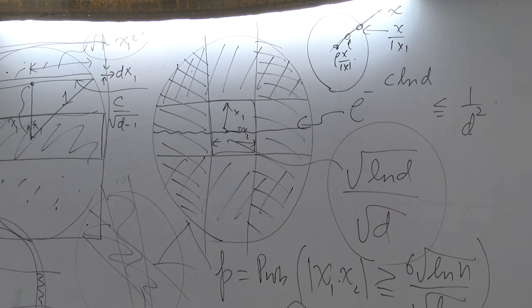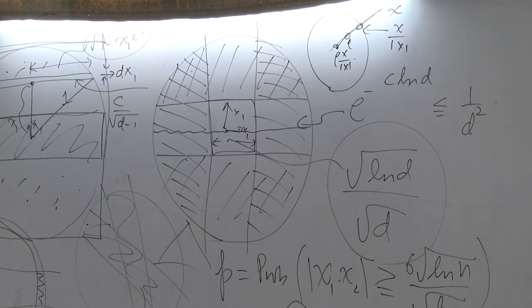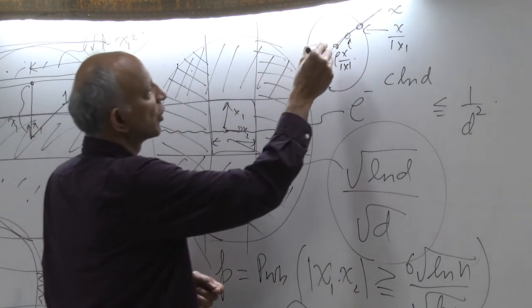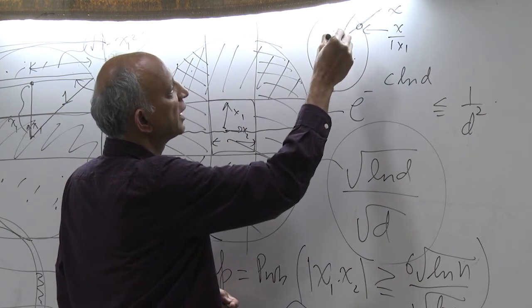Uniform is not right. It's not uniform over 0, 1. So which is it? It's not uniform, but yeah, it's got to be the area. But what might it be? So you have to look again at the differential element, right?